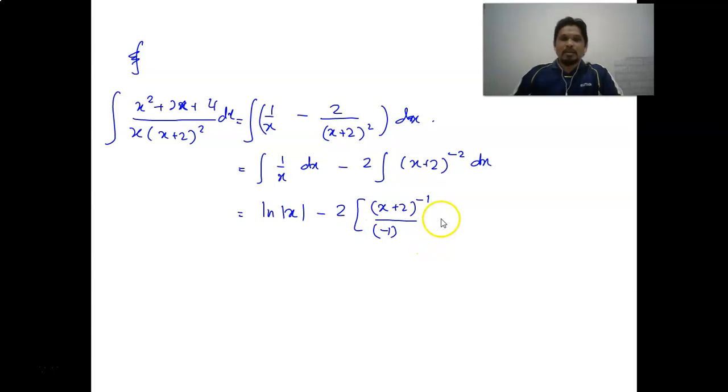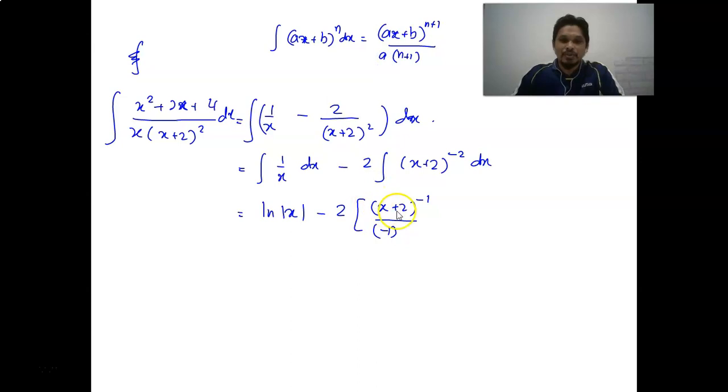Recall the integral of (ax plus b) to the power of n dx equals (ax plus b) to the power of n plus 1 divided by n plus 1, and don't forget we differentiate ax plus b, then multiply with an a.